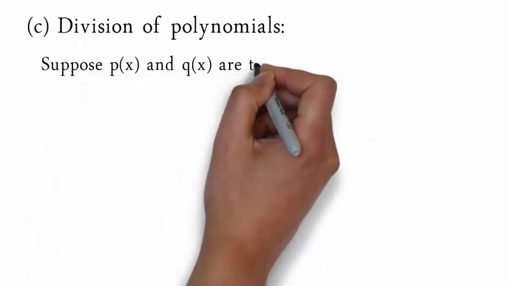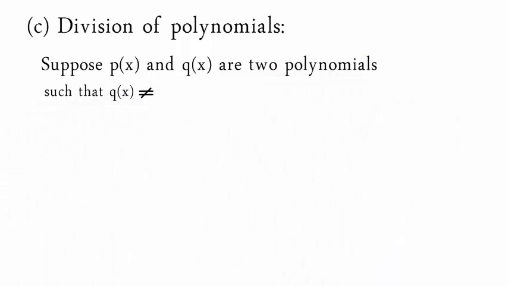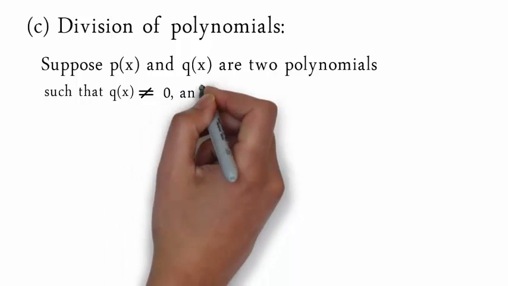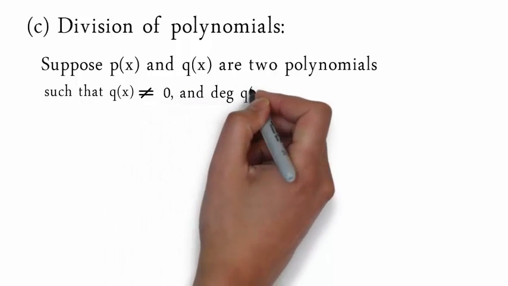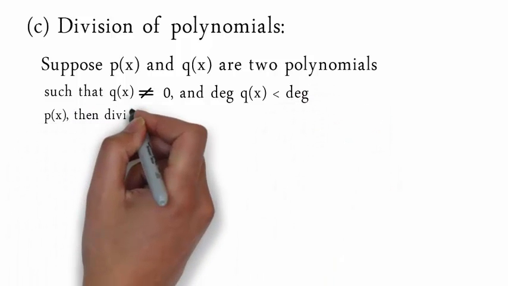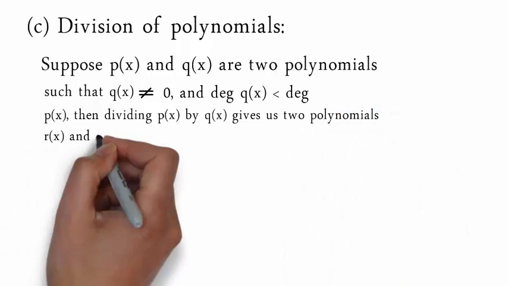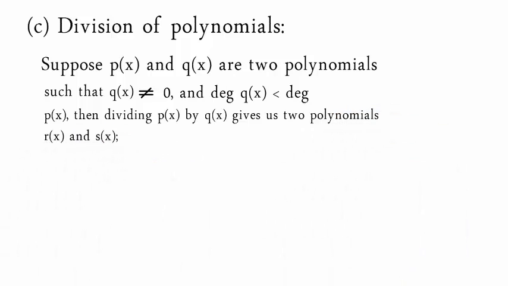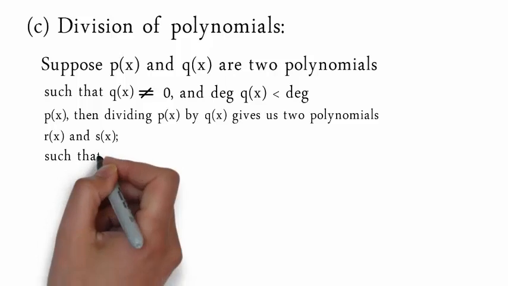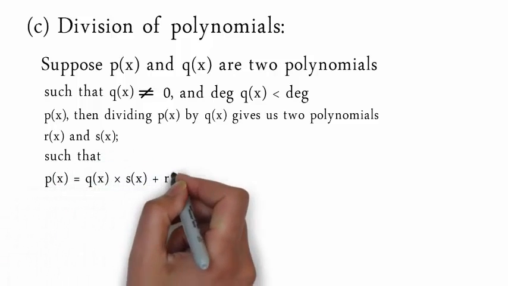Suppose p of x and q of x are two polynomials, such that q of x is not equal to 0 and degree of q of x is less than the degree of p of x. Then, dividing p of x by q of x gives us two polynomials, s of x and r of x, such that p of x is equal to q of x into s of x plus r of x.